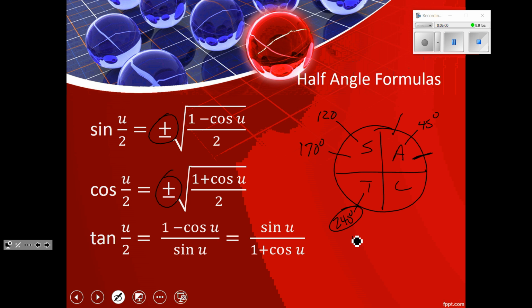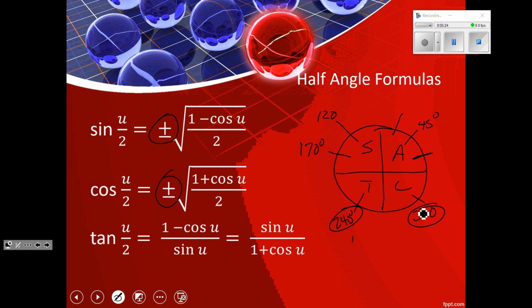If you're in quadrant 4, give me an easy angle in quadrant 4. 300. Okay? So that's what I'm using. I'm going to use everything based on 300, but my answer is going to be the half angle of that. What's half of 300? 150. So where will I end?